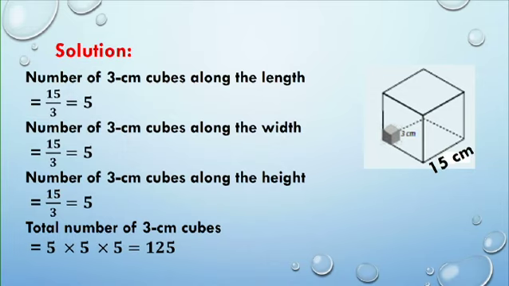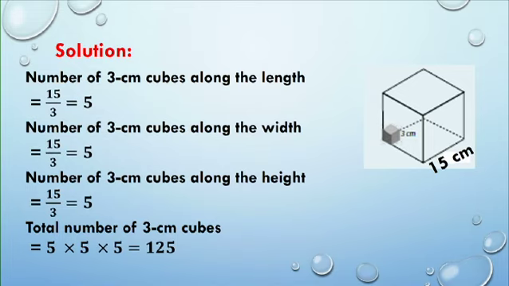I have a cube of edge 15 cm and I'm going to fit in smaller cubes of edge 3 cm into the big one. So along the length, I'm going to have how many cubes of edge 3 cm? So it's going to be 15 divided by 3. So I'm going to have 5 3 cm cubes. In the same way, along the width, I'm going to have 5 3 cm cubes.